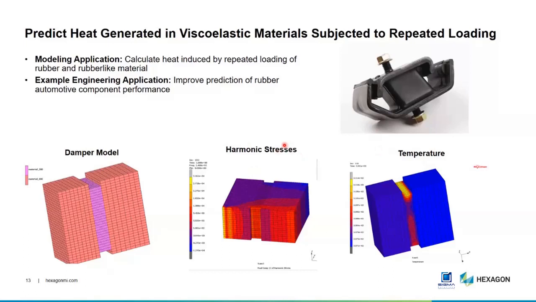So at the end of it, you get the stress and transfer the heat flux because of the hysteresis to a thermal model, and because of the heat flux as the input, then you can get the temperature distribution in the product. So you can simulate the structural as well as the thermal response of a rubber product, which sees repeated loading and unloading.